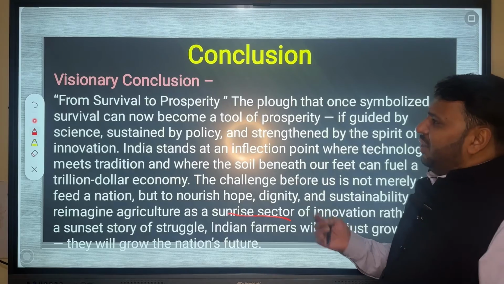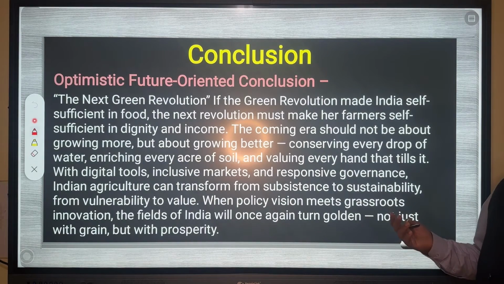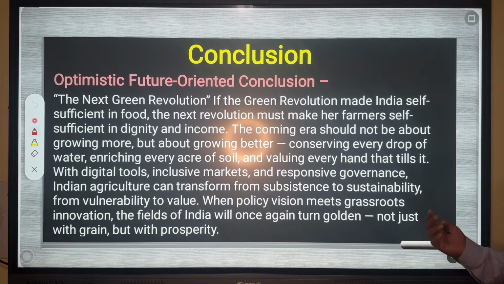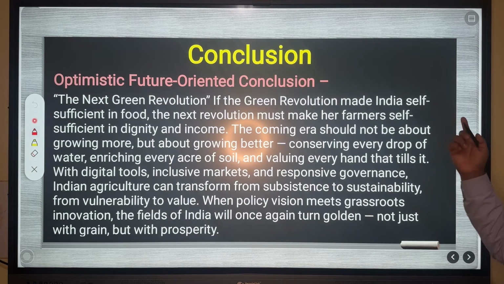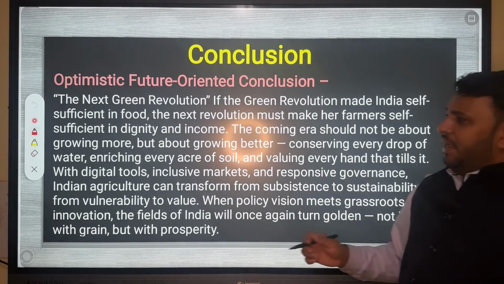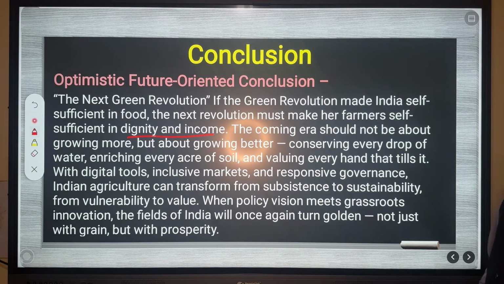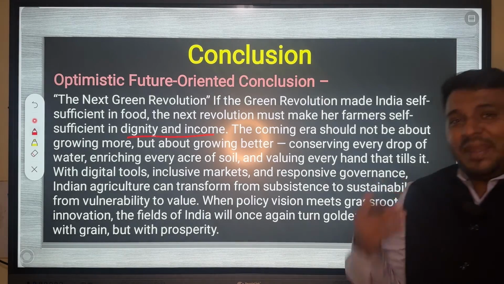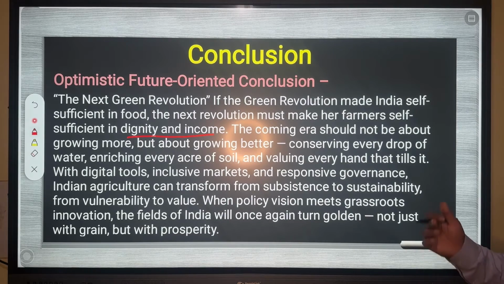Next, one other alternative can be an optimistic or future-oriented conclusion. The next Green Revolution: if the Green Revolution made India self-sufficient in food, the next revolution must make her farmers self-sufficient in dignity and income. The coming era should not be about growing more, but about growing better, conserving every drop of water, enriching every acre of soil, and valuing every hand that tills it.